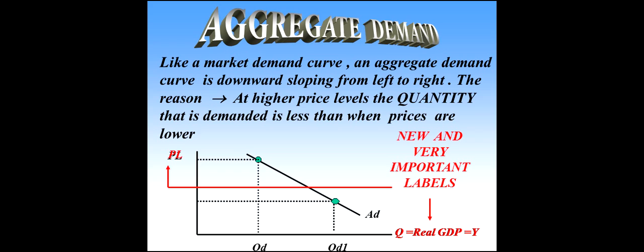And in the financial business, many times you'll see the term income substituted with the letter Y. It's a commonly used designation, the letter Y used to signify income. So our output, our quantity, is real GDP in this case, or income.